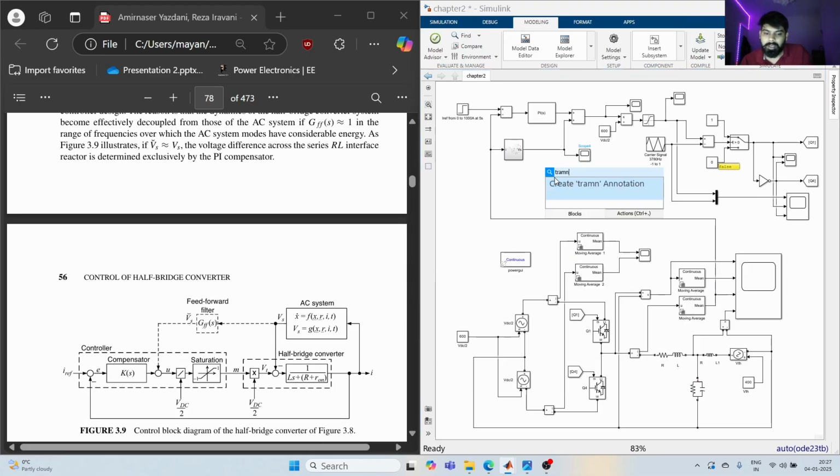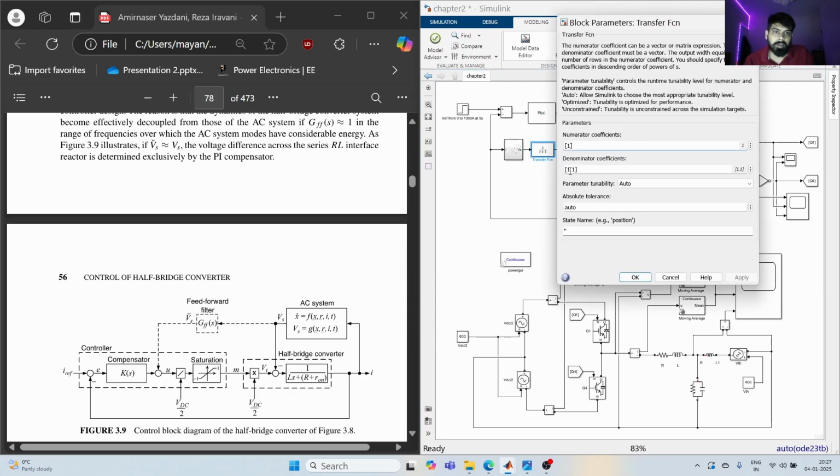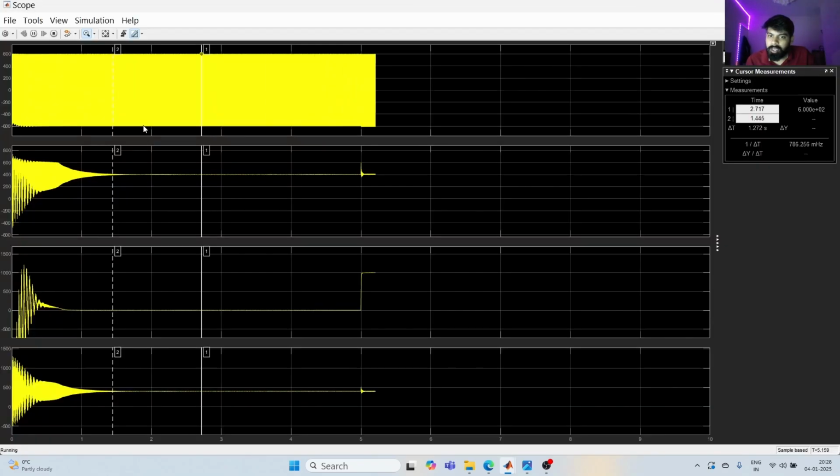Now let's connect that filter. So we'll take a transfer function, add it here. This should be 8e minus 6, right? Okay, now let's see what changes it makes. We still have that initial transient.